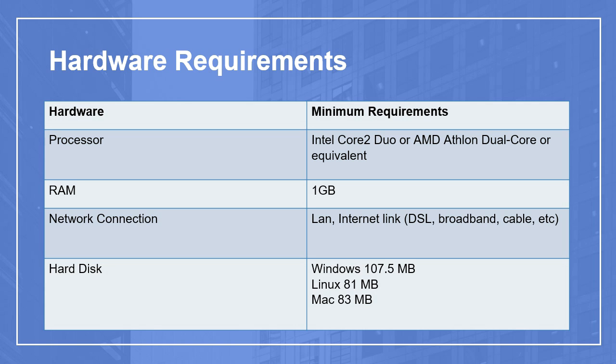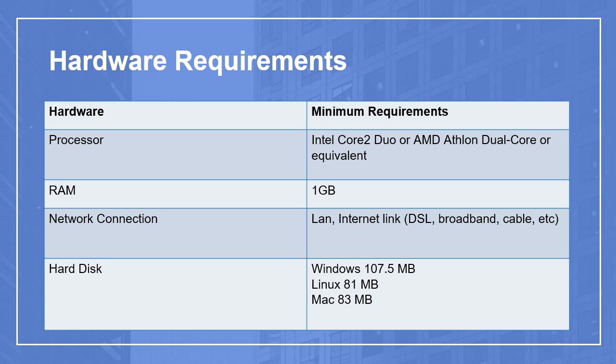As for the RAM, all you need is 1 GB of RAM, although some applications of NoMachine, such as the client, need 500 MB of RAM. And then we have the network connection. Anything such as LAN or internet links, cable, they all work fine for NoMachine.